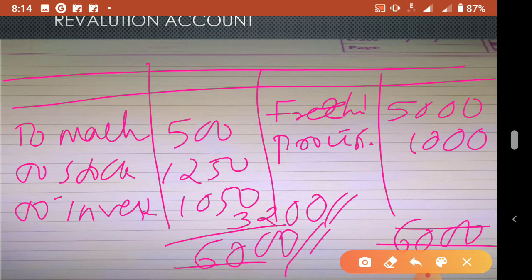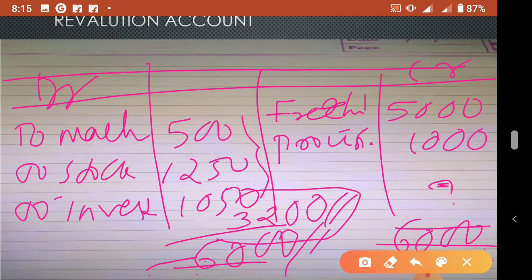This 3,200 is the profit. Now the credit side is more, and credit side more means profit. Remember, debit side more means loss. If this side is more, you put the total here first, then take it here. So 6,000 is brought here, then the remaining after these three amounts are deducted, we get the answer 3,200. So this 3,200, who will share? All the partners will share. In which ratio?